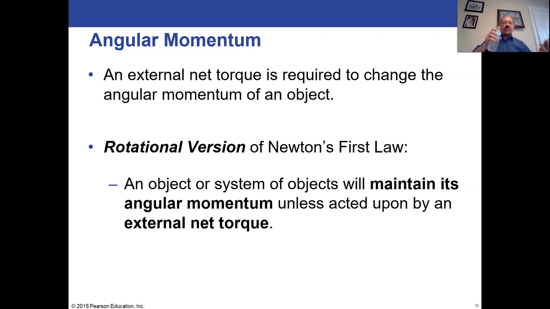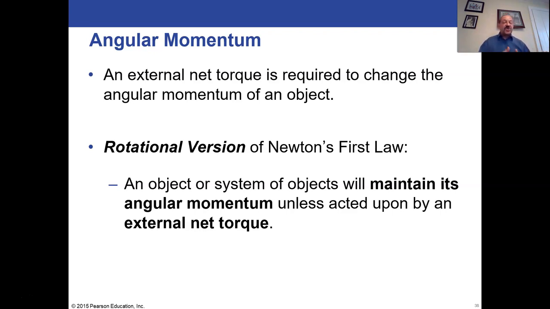So angular momentum: an external net torque is required to change the angular momentum of an object. All right, what does that mean? Well, this is just the rotational version of Newton's first law. In other words, replace the word torque with force, and replace the words angular momentum with just regular momentum. An external force is needed to change the momentum of an object. We already learned about that.